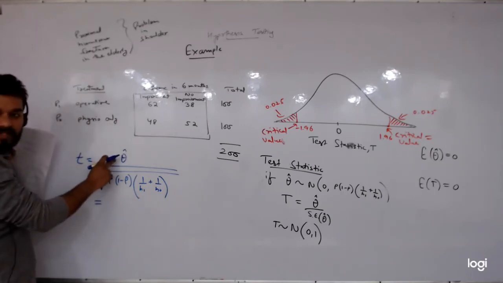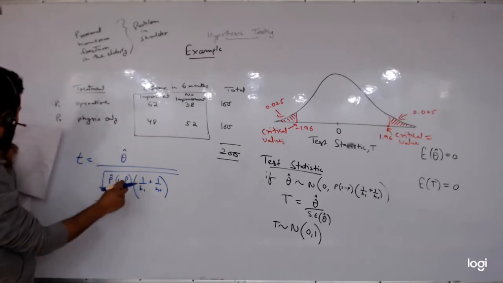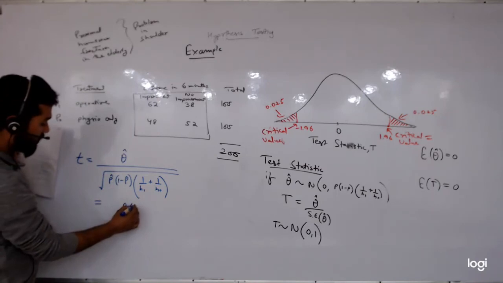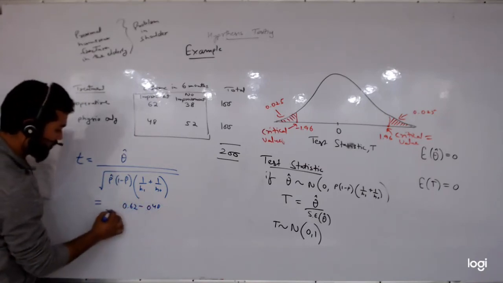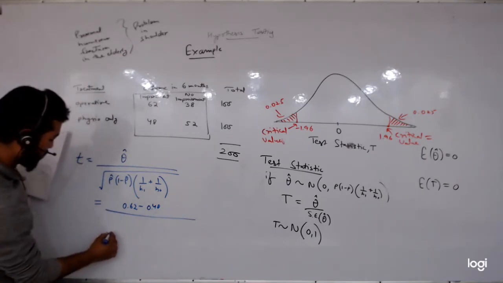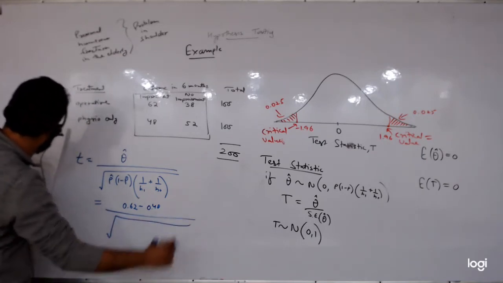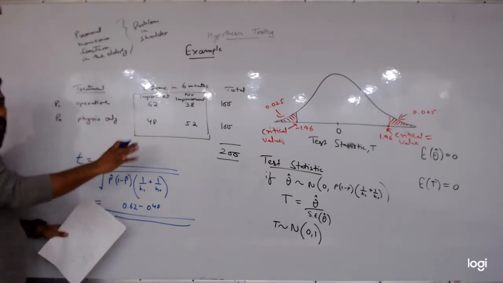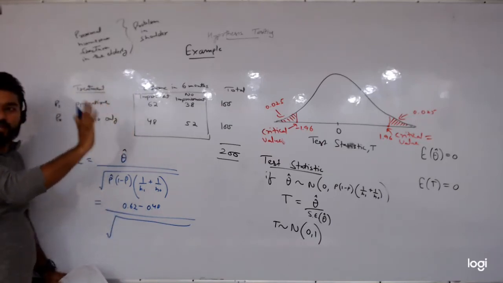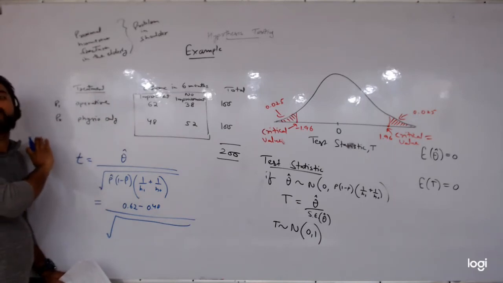We have these values from the sample. This is 0.62 minus 0.48. Now, at all times the distributions are being drawn assuming that the null was true.